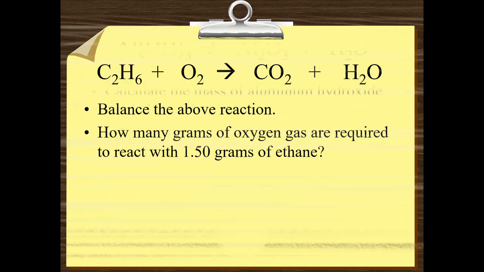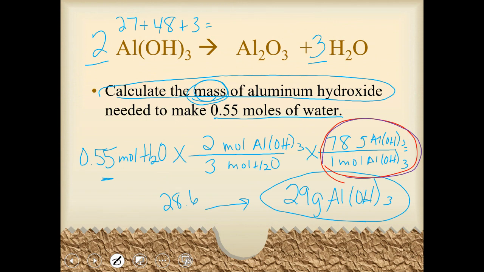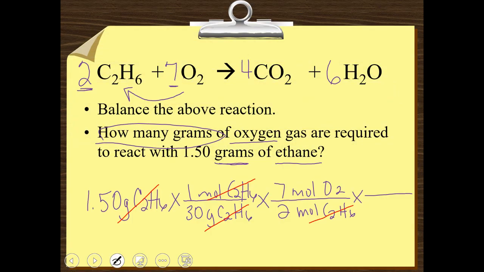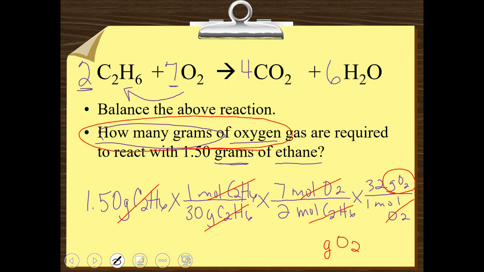Now, this is just like the last step over here. We're going to go from moles to grams. And the moles will be on the bottom. A mole of oxygen, we have to double the 16 because it's O2, is 32 grams. And our units, moles of oxygen, will divide out. Our unit that remains is grams of oxygen, which is exactly what we're supposed to find. How many grams of oxygen?